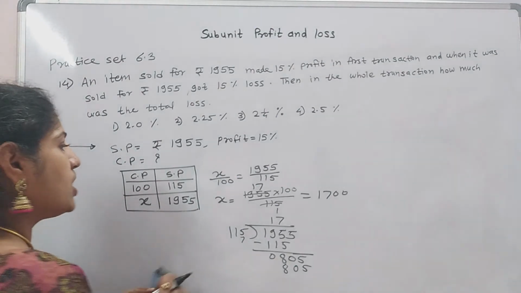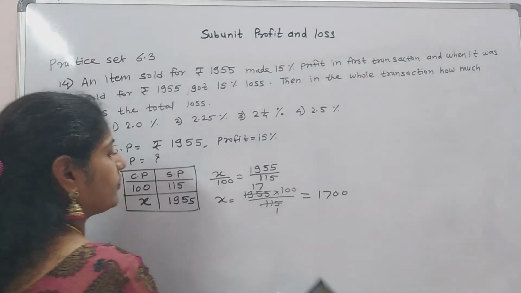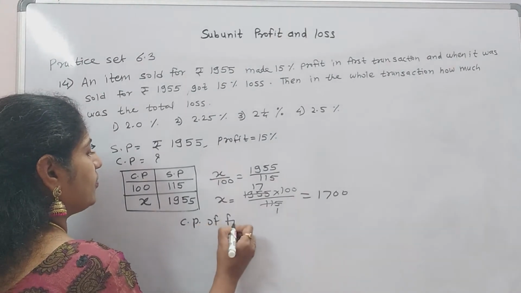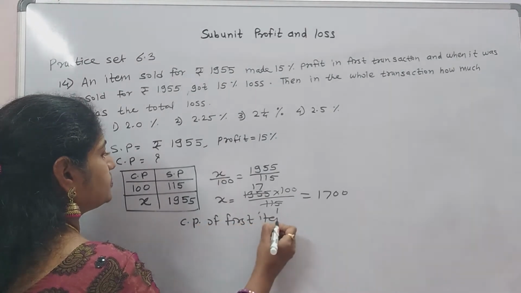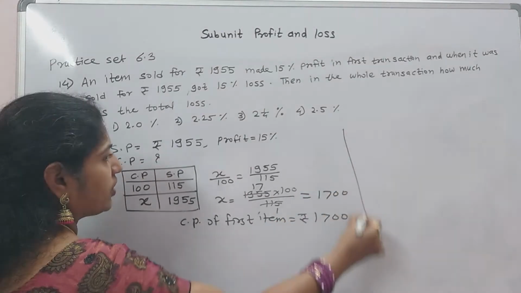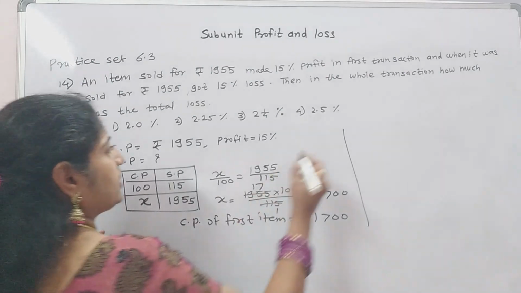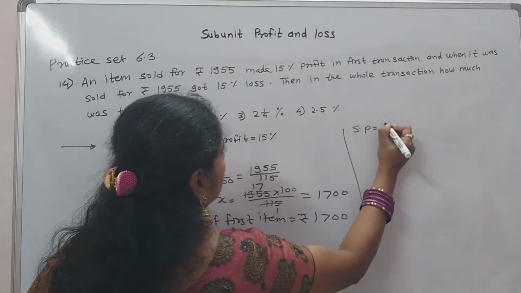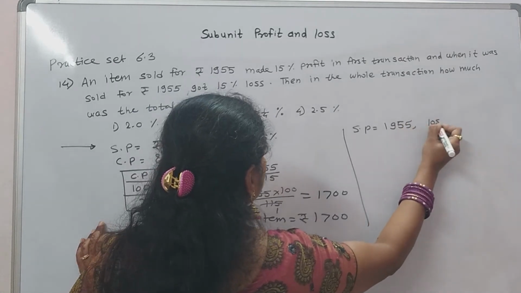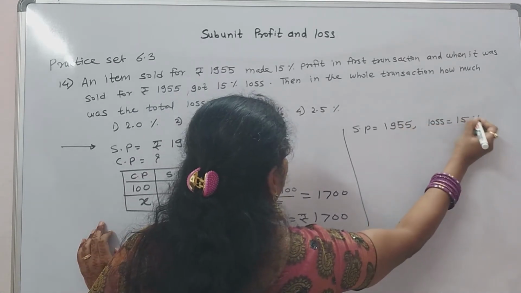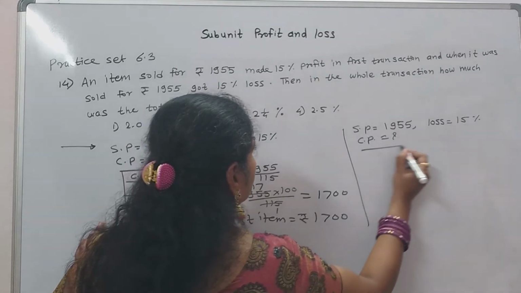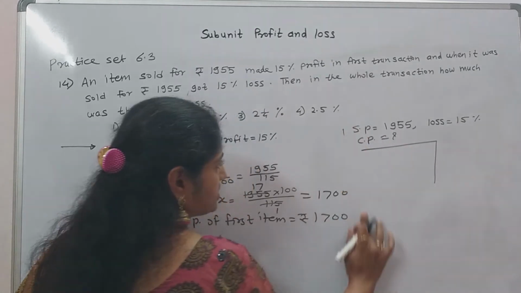So cost price of the first atom is 1700. Now, for the second atom, selling price is 1955. There is the loss of 15%. And we have to find the cost price first. Make the same table.